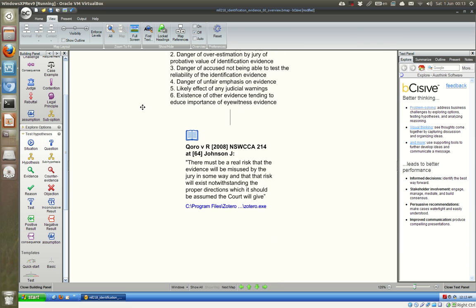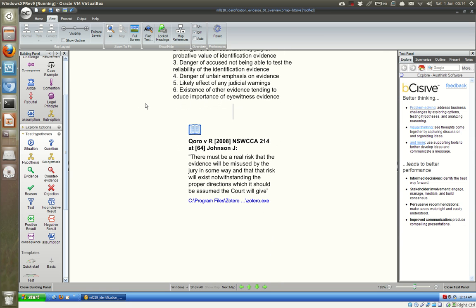And this principle is expressed in the case of Quoro against the Queen, 2008 New South Wales, where Justice Johnson said at 64 there must be a real risk that the evidence will be misused by the jury in some way, and that the risk will exist notwithstanding the proper directions which it should be assumed the court will give.